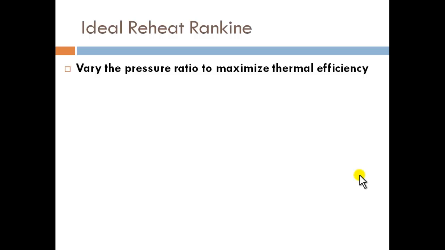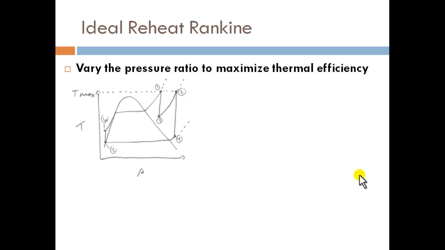So let's begin with the ideal Rankine reheat cycle, where we looked at the pressure ratio to maximize thermal efficiency. And what we did by hand was we looked at the different points in the cycle.